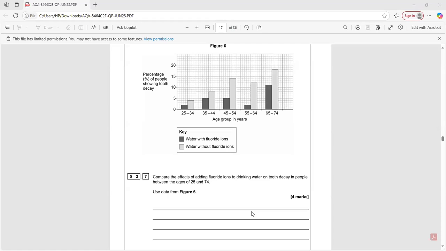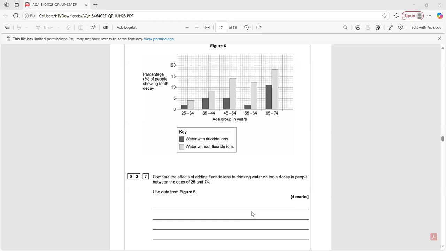Fluorine reduces tooth decay. Okay, it reduces tooth decay, right? Yeah. Now, did you notice something? It reduces tooth decay at a higher rate in some age ranges than others. Did you notice that?